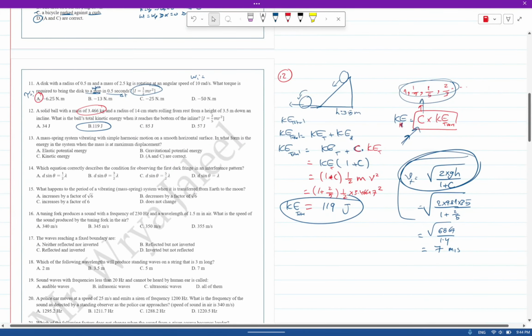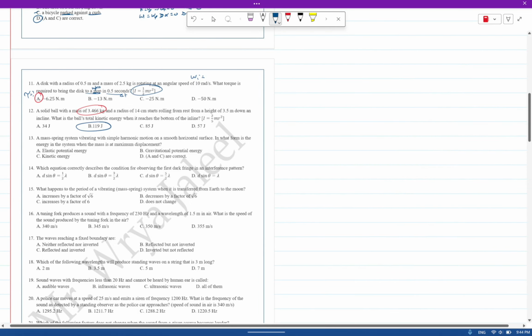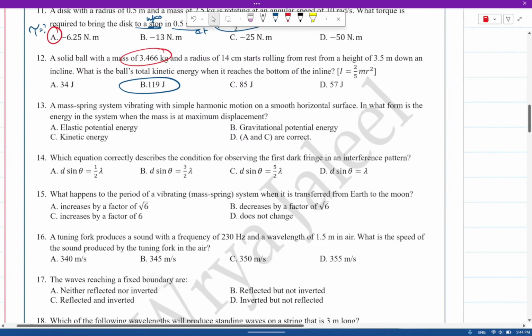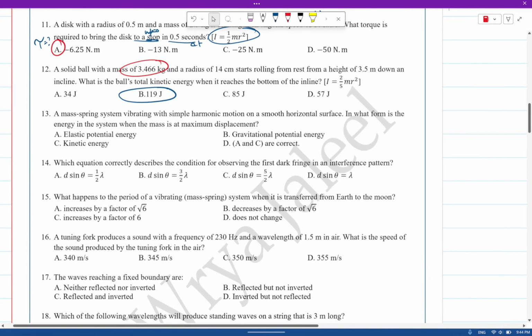We have question 13 here. It says a mass spring system vibrating with simple harmonic motion on a smooth horizontal surface. In what form is the energy in the system when the mass is at maximum displacement?